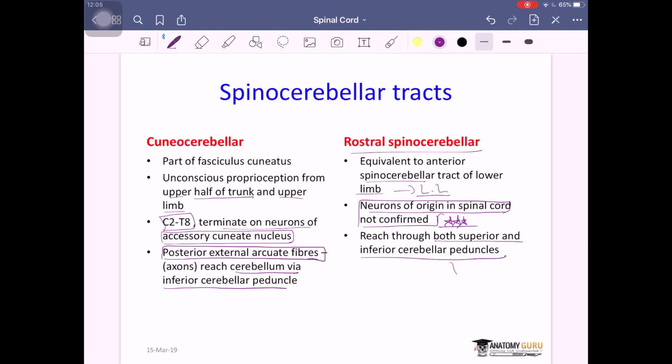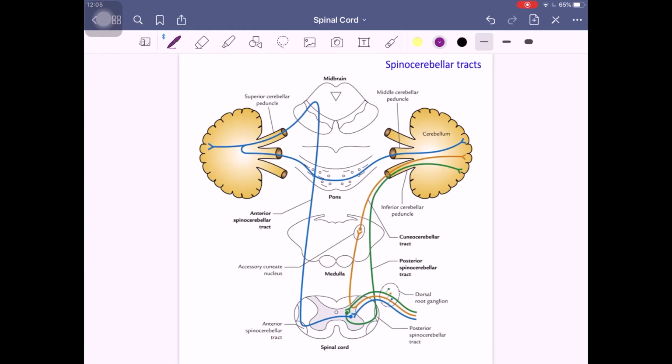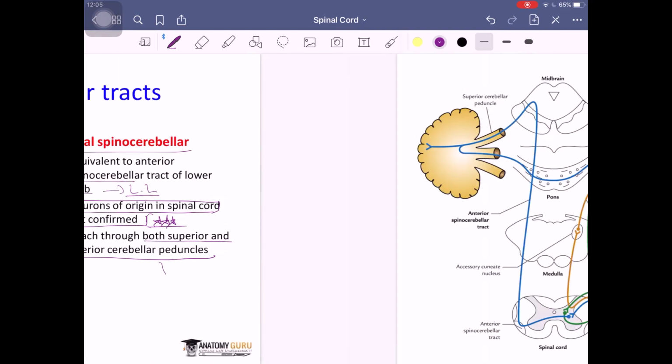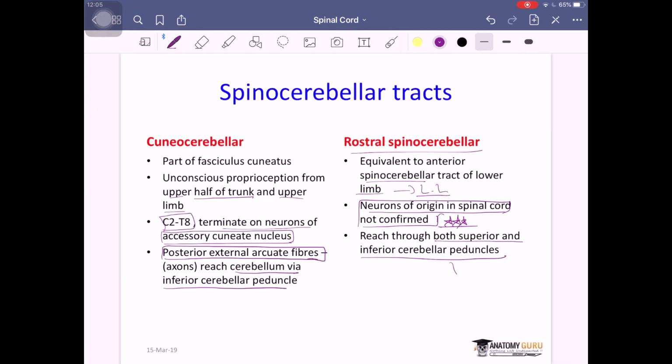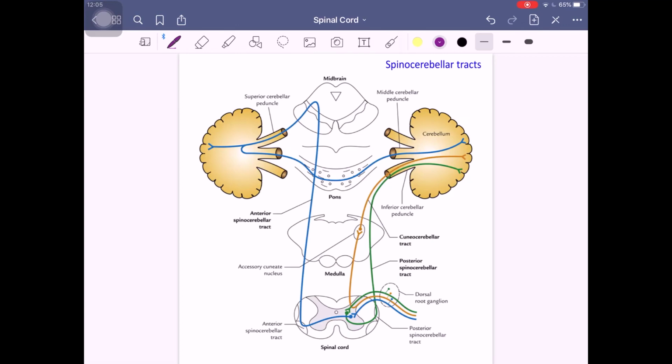Now the rostral reaches the cerebellum via both the superior and the inferior cerebellar peduncle, and this other one is via the inferior cerebellar peduncle. The rostral is not shown because we don't know where the origin is. Once we know, the pathway is more or less the same as your anterior spinocerebellar, which is this one in the picture.